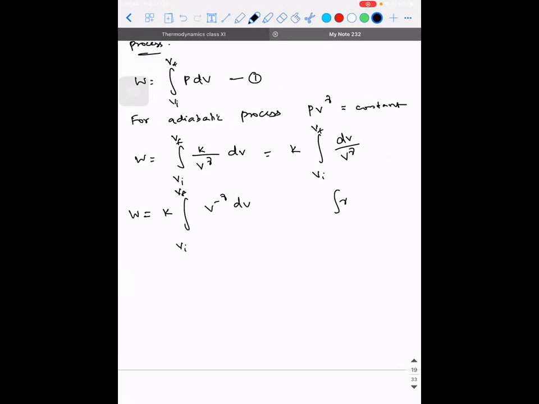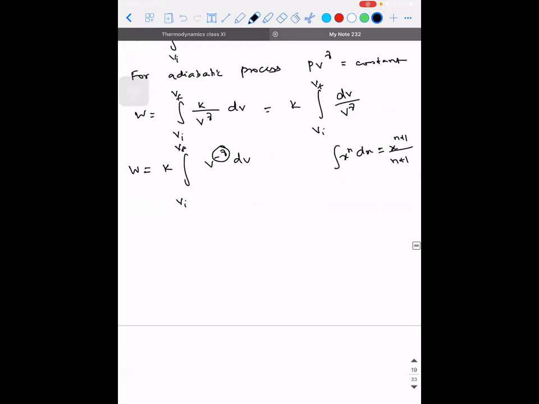So what is the integral of x power n dx? It is x power n plus 1 divided by n plus 1, right? So what is going to be the answer?